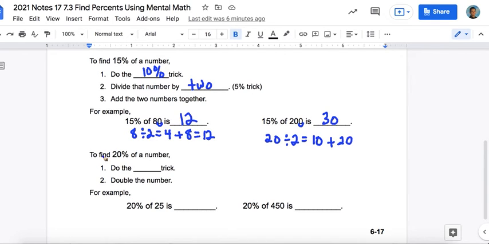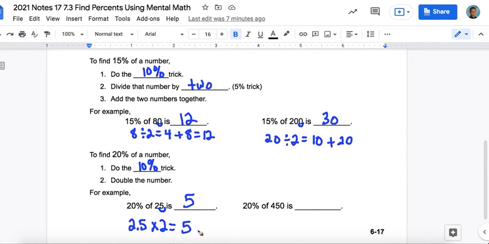Okay, now, lastly, we have the 20% trick, or 20% of a number. So we're going to do the 10% trick first, and then we're going to double the number. Okay, so we're going to move it one to the left, so it'd be 2.5. And now we're going to double it by multiplying by 2, and the answer is 5.